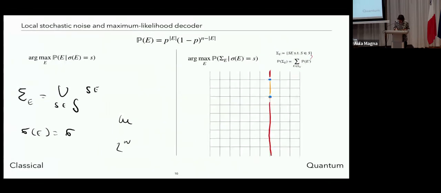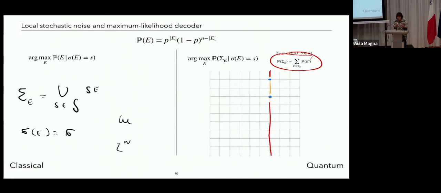So by summing a lot of these, it could be the case that the minimum weight error is not actually the most likely, because you sum over an exponential amount of errors.